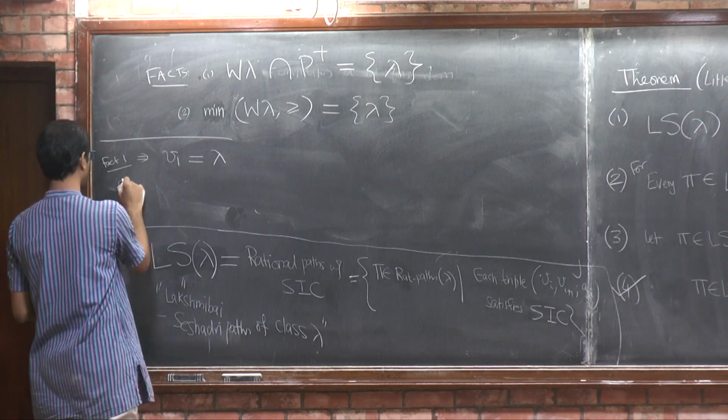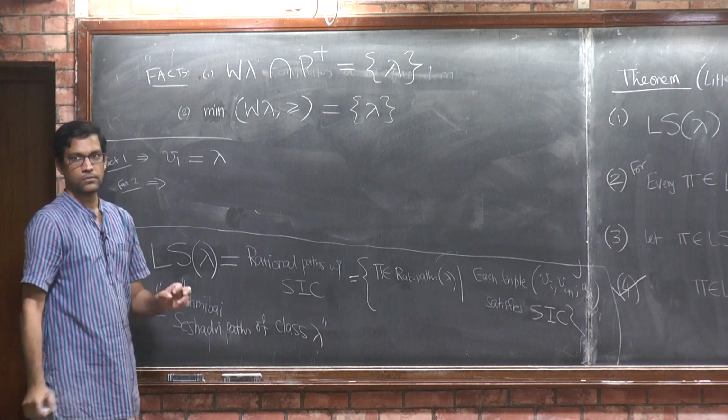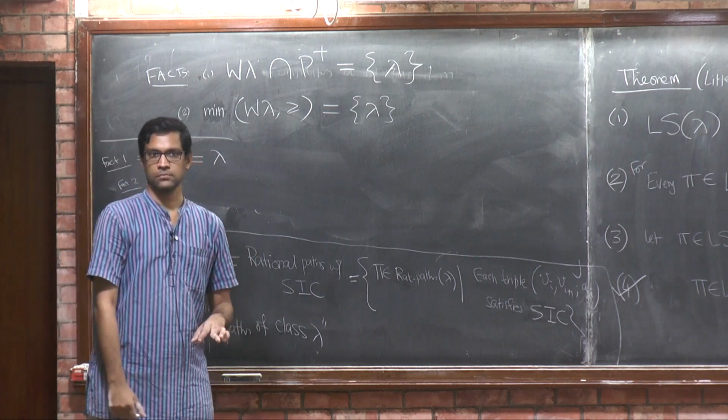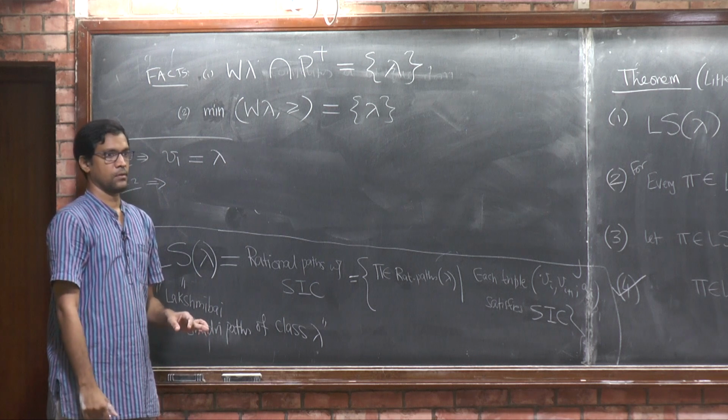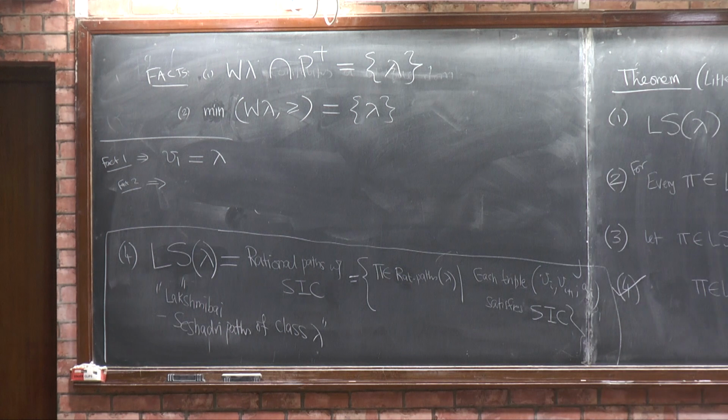Now what does fact 2 give you? I have concluded something about the first segment, that this must be traveling along the direction lambda. Now what can you conclude about nu2?